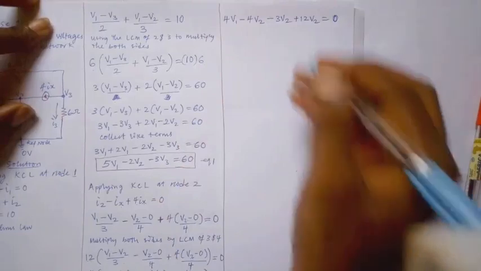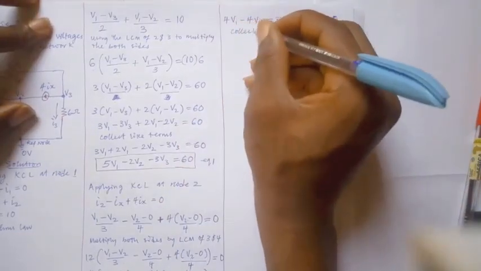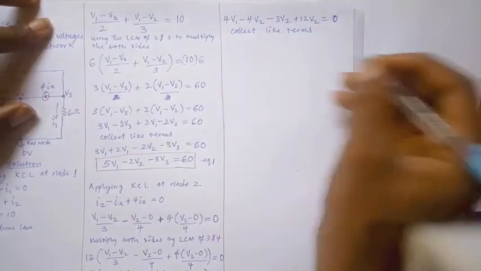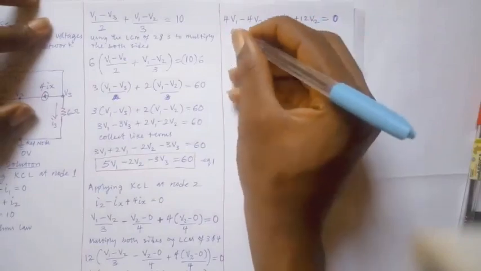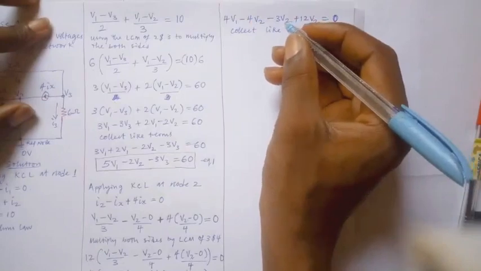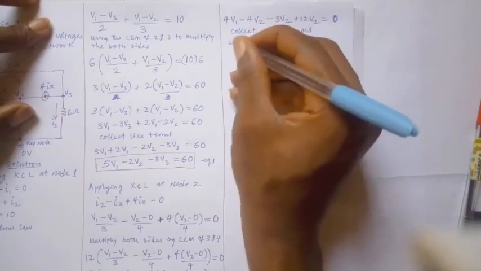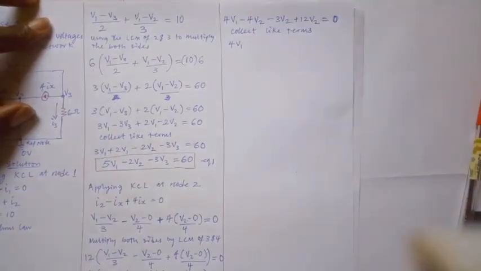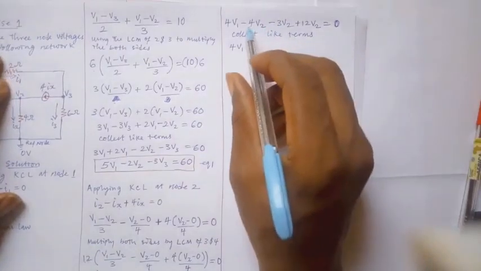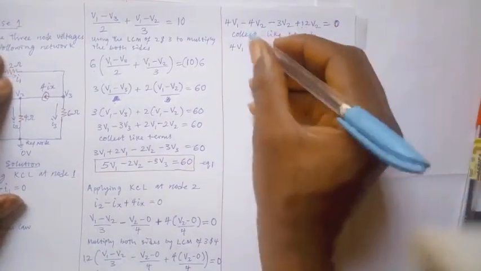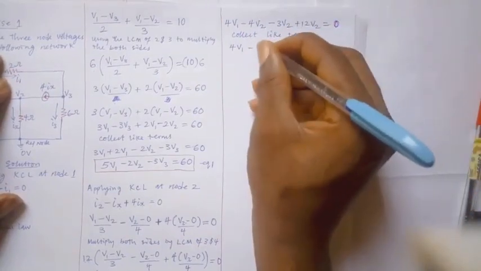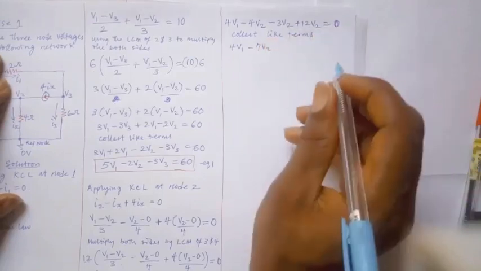What are we going to do? Let's collect like terms. You know, how many V1 do we have here? It's only 4 V1 that we have. We have minus 4 V2. Pay more attention. Minus 4 V2 minus 3 V2. It will give us what? Minus 7 V2. Let's do it like that.